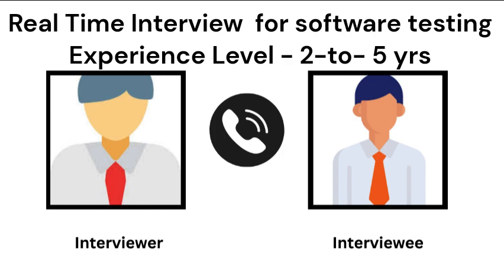The account table has three columns: account number, account name, and salary. Sir, can you repeat this? The voice is breaking. So the account table has three columns: account number, account name, and salary.